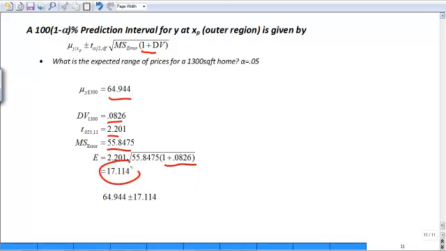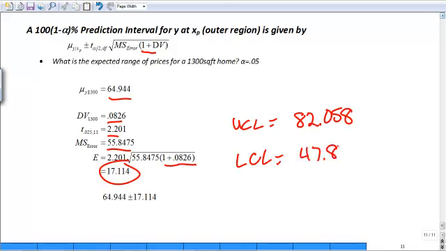And that's going to give us a margin of error of 17.114. So the upper limit is 82.058, and the lower limit is 47.83. So where could we expect to find an individual home of this size? Anywhere between 47 and 82.